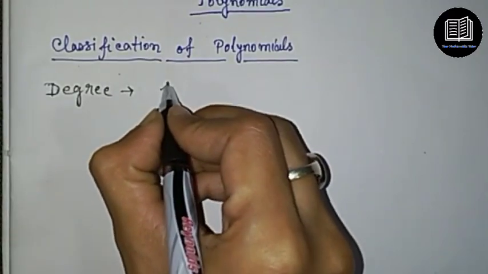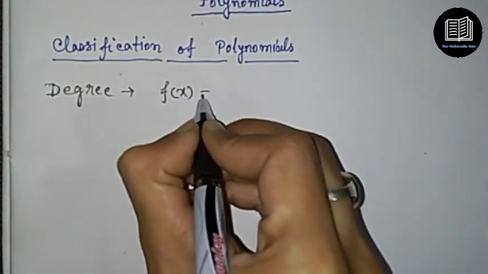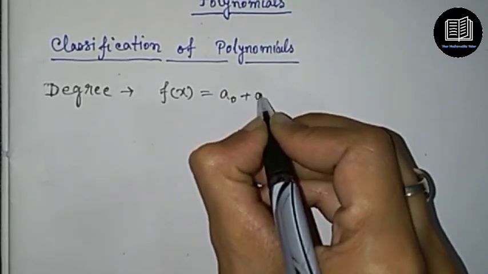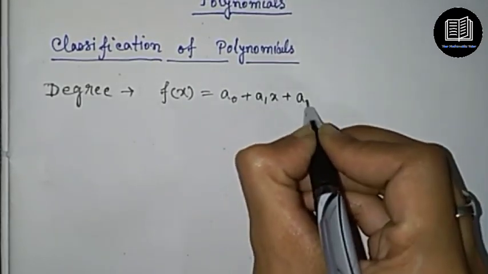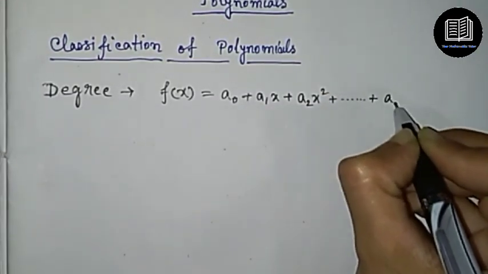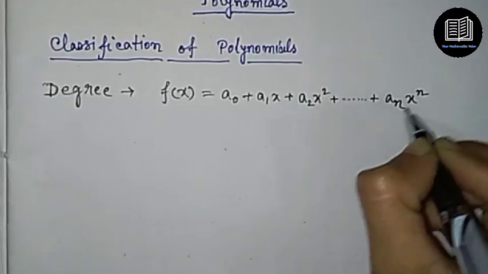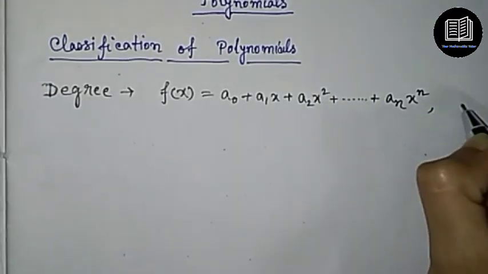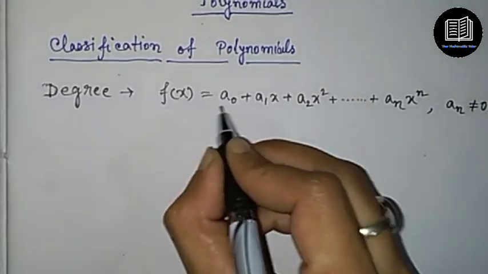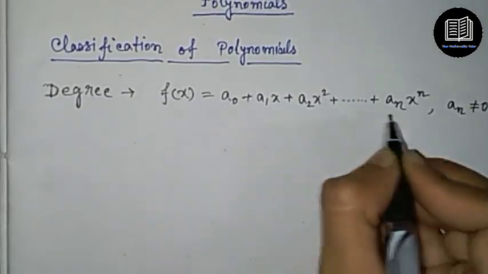Take a polynomial f(x) equals to, suppose, a0 plus a1x plus a2x square plus and so on up to an x to the power n, where an not equals to 0 and all a0, a1, a2 are real numbers.